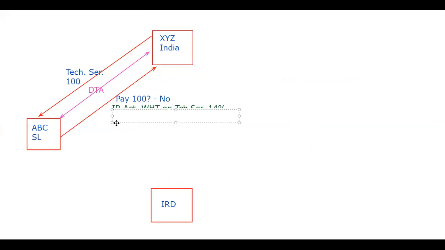Then as per the DTA, we are going to apply withholding tax on technical fees. Technical fee is 10%. Right? It is clear now. We are going to apply 10%.